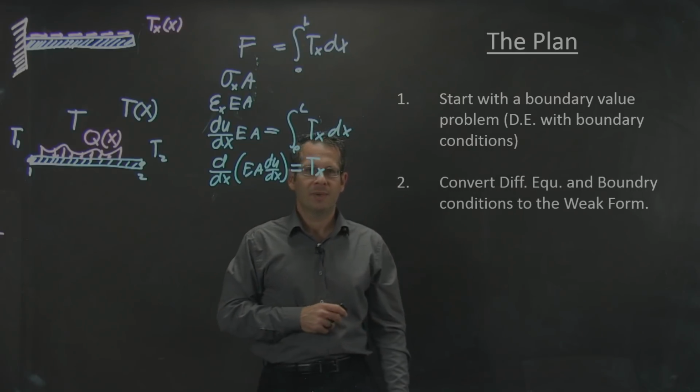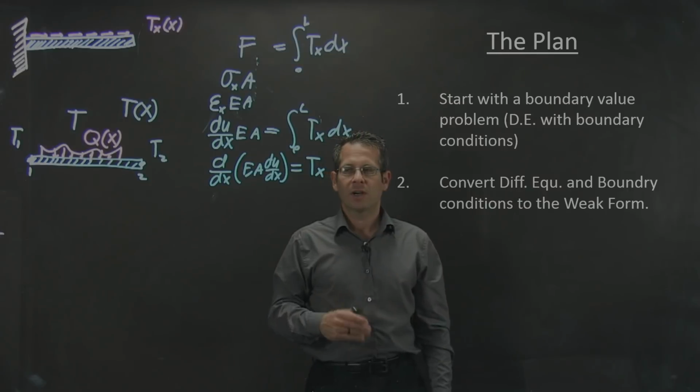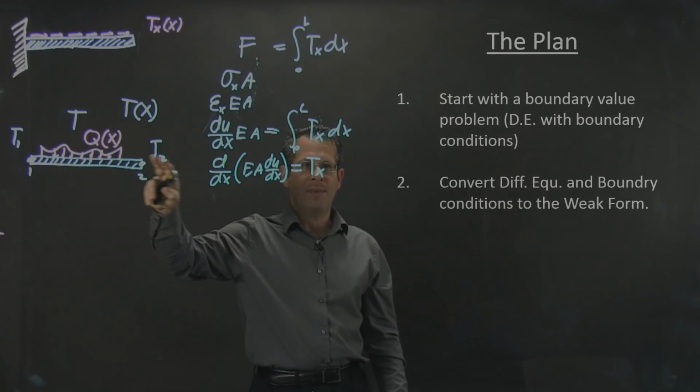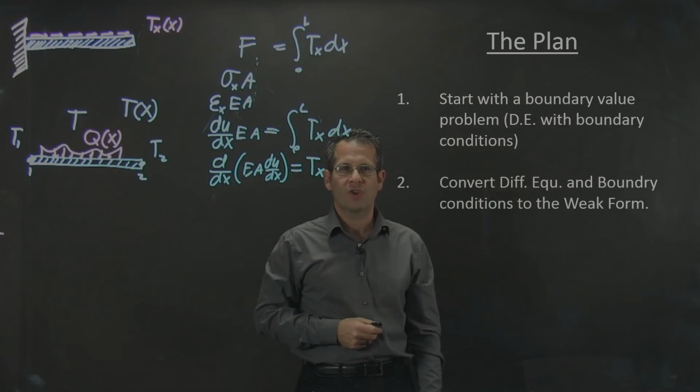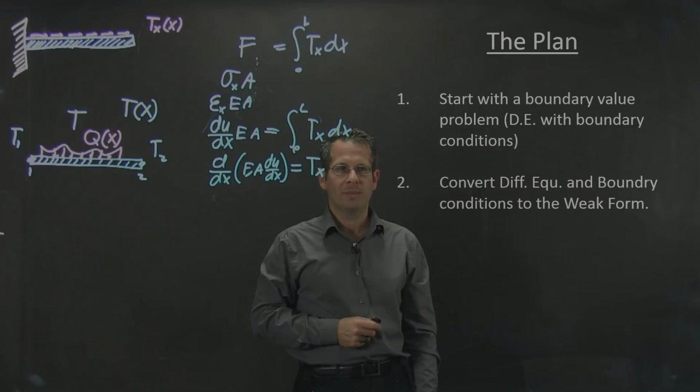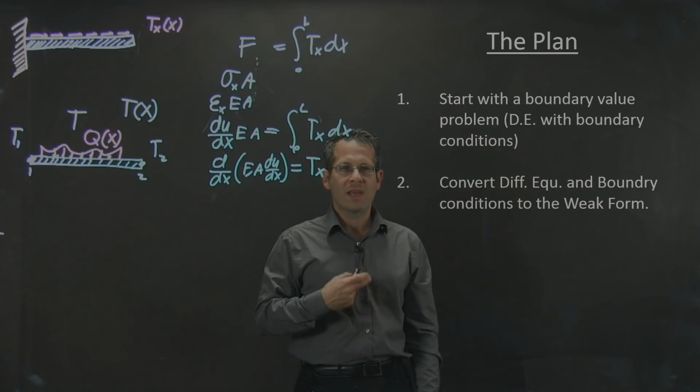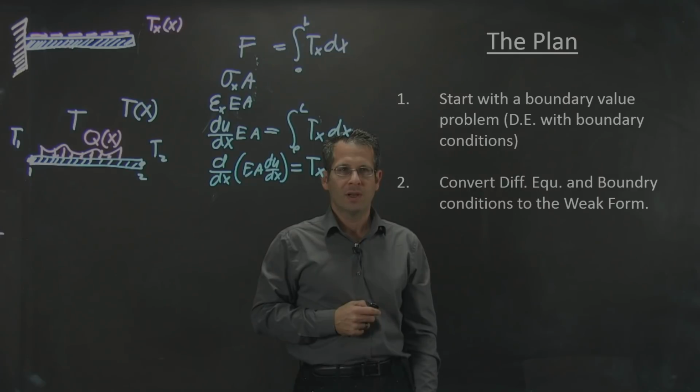Our next step is to convert this differential equation and boundary conditions, which is what's known as the strong form or the strong statement of our problem, into something called the weak form, I'm sorry, the variational form of our problem.